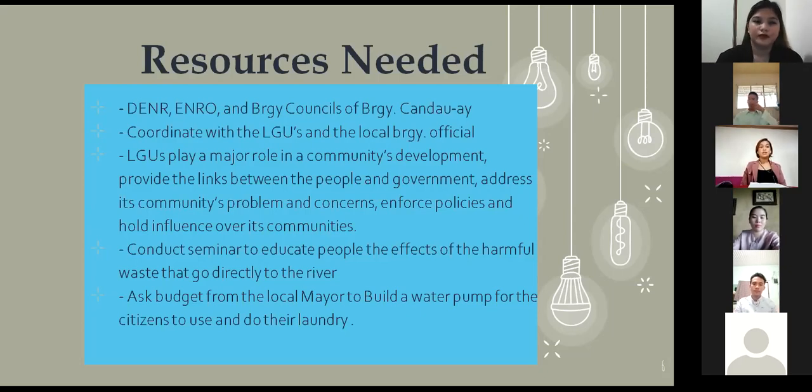The LGUs play a major role in a community's development, provide the links between the people and the government, address its community problems and concerns, enforce policies, and hold influence over its communities. Because we all know that every barangay cannot work on its own, not unless there is an LGU or a higher department who takes care and assists it.